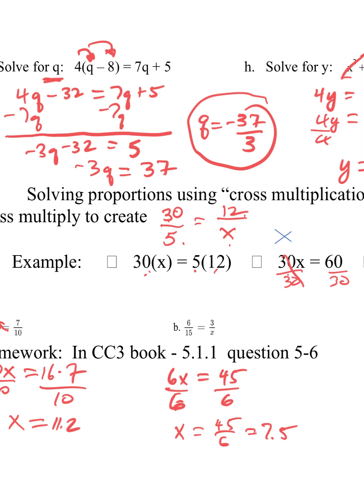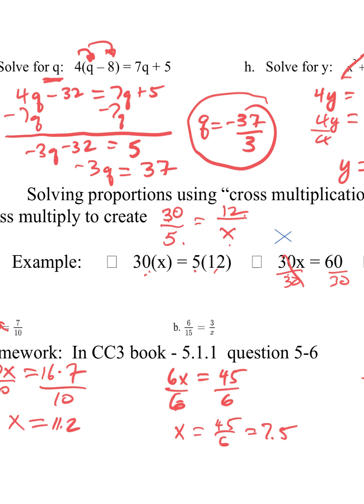The next one is 2x times 8, which is 16x. So 2 times 8 is 16x. Then 5 times 12 is 60. And then divide by 16. So basically cross multiplying is you're multiplying across like that. 5 times 12 and 2x times 8.